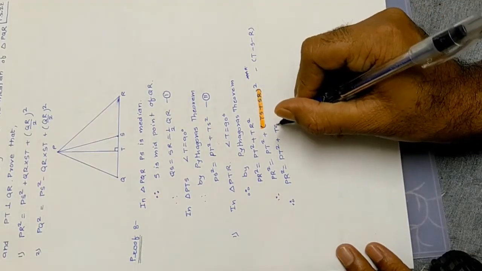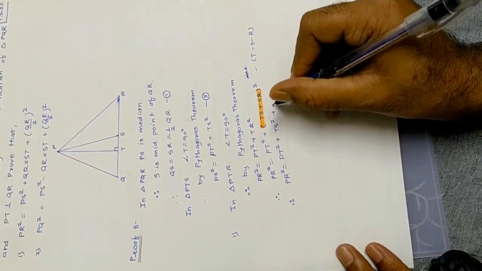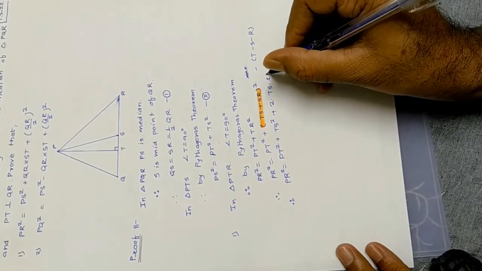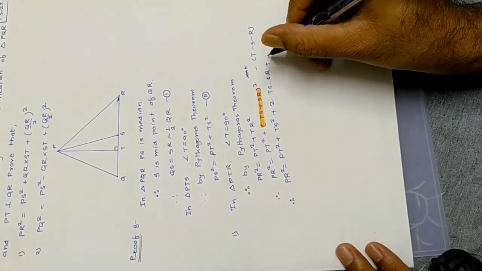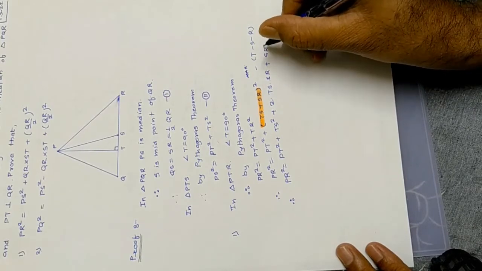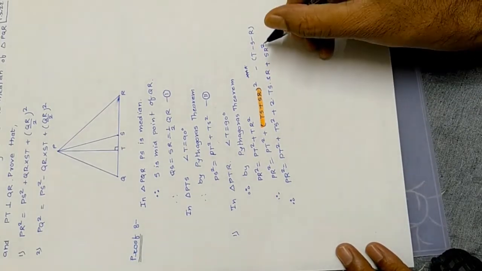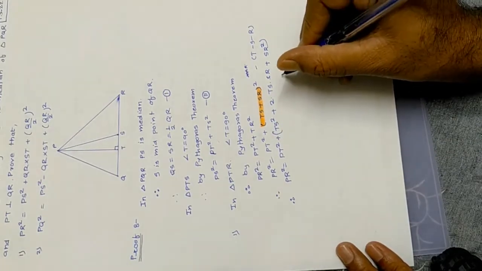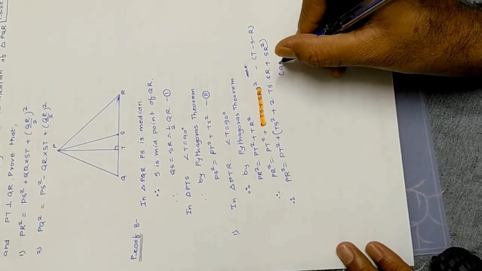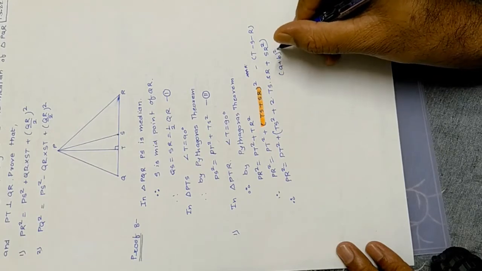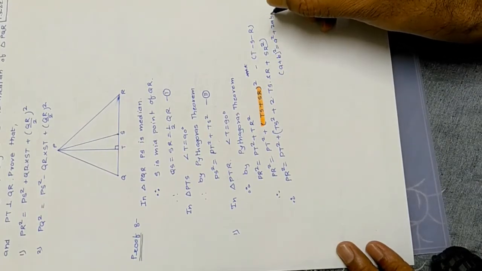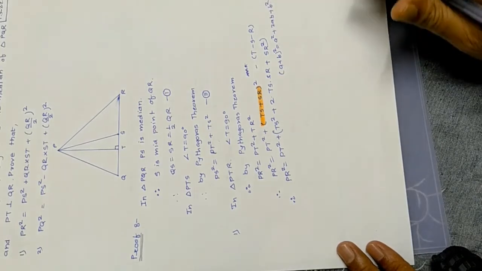A square means TS square plus 2AB means 2 times TS into SR plus B square means SR square. Okay, like this we have used the A plus B the whole square formula. If you want, I will write for you here. A plus B the whole square is equal to A square plus 2AB plus B square. Correct?